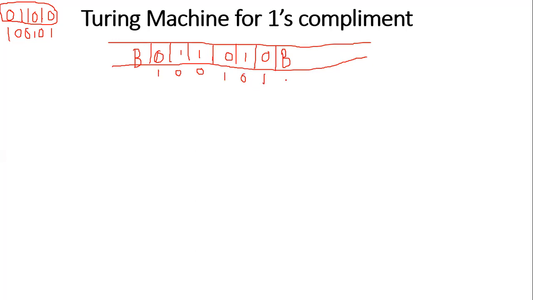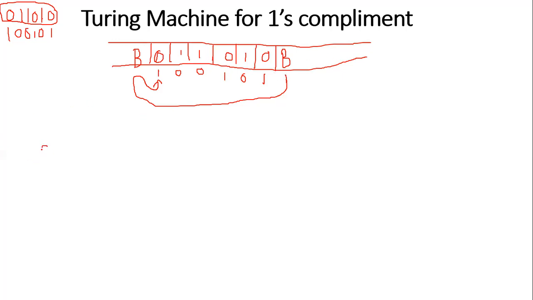Once you find the blank space, that means all the input is processed, and it is good practice to come back to the leftmost and stop in the position where your output actually starts. This is the place where your output actually starts. Okay, so let us construct the Turing machine for this.